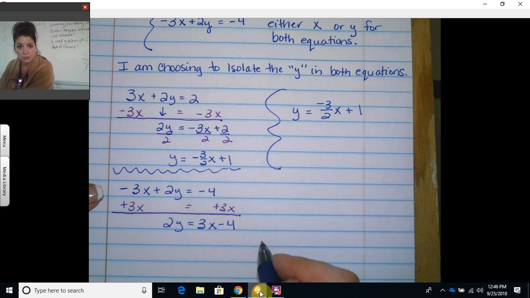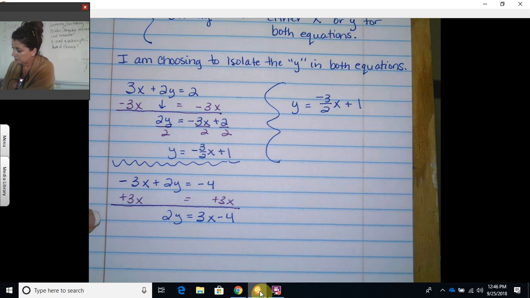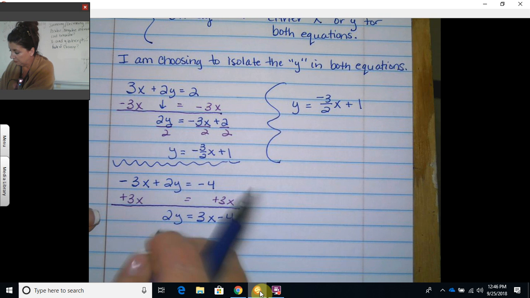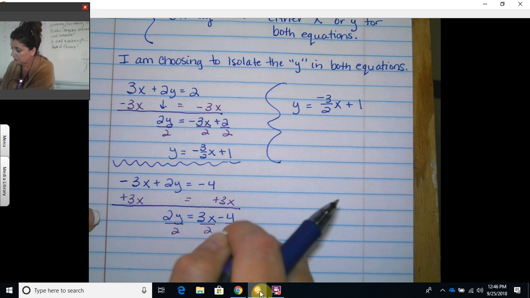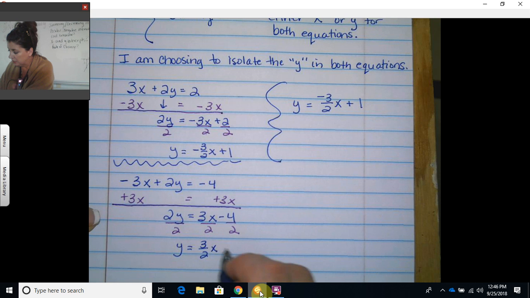Now what? Divide every term by 2. 2y divided by 2 is y, equals 3 halves. I'm just going to leave it as a fraction. It can't reduce, so just 3 halves x. Negative 4 divided by positive 2 is negative 2.